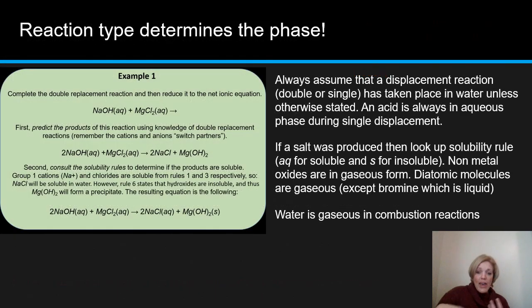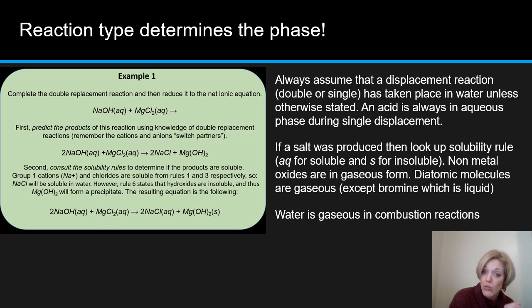I think I've mentioned a lot of this already in previous slides and previous comments, but we're just going to add on to the whole reaction type, determining your phase of matter for the products in an exchange reaction. If a displacement reaction has taken place, you need to assume that it was taking place in water unless it was stated otherwise.